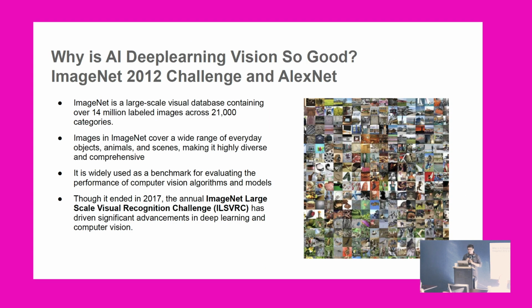So why is deep learning vision so good? This is the point where it all changed. In 2012, if anyone has ever heard of the ImageNet challenge and AlexNet: the ImageNet challenge was a yearly challenge where people would submit computer vision models and try to classify images, with the goal of minimizing the error rate of classification.